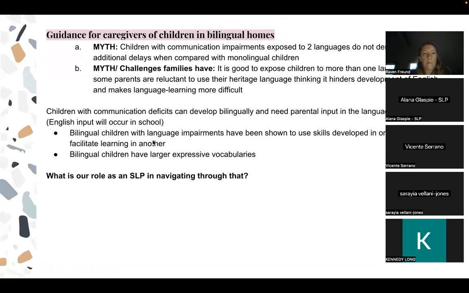Okay, so guidance for caregivers of children in bilingual homes. It is a myth that children with communication impairments who are exposed to 2 languages demonstrate additional delays when compared with monolingual children.